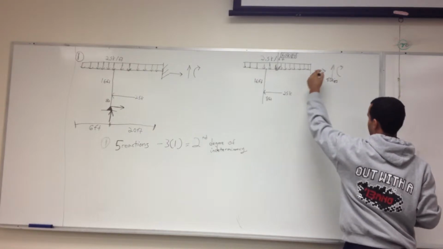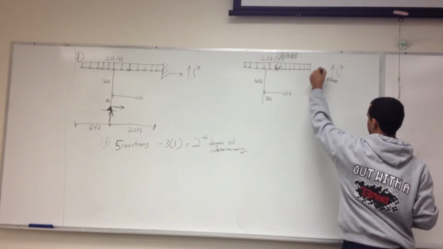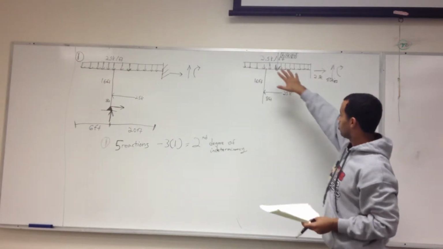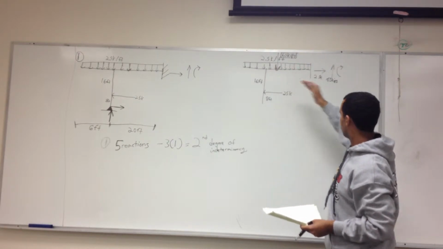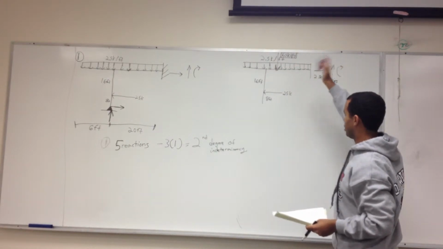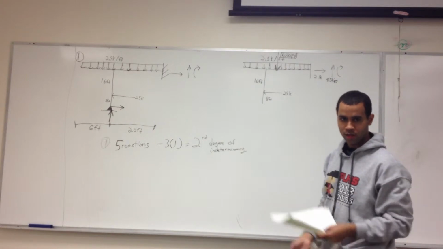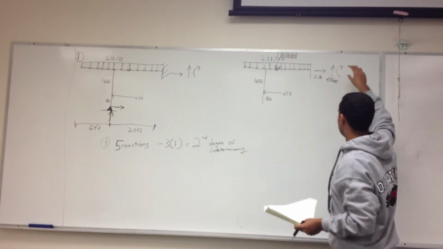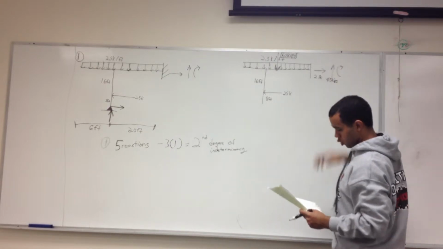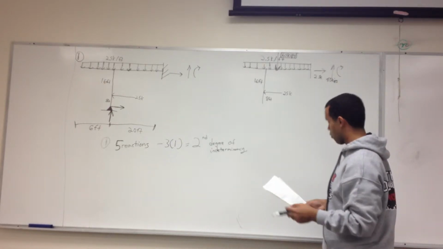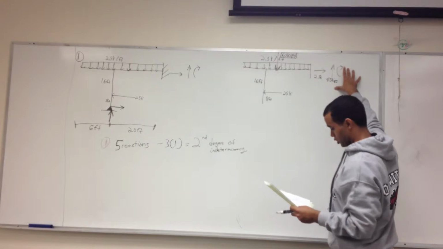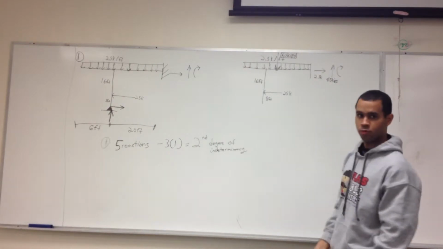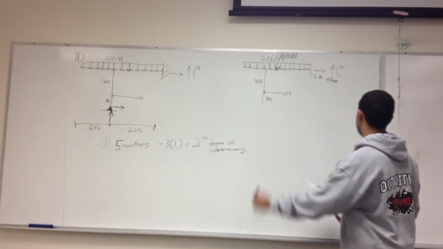So we have positive 25 kips. Now we convert the distributive load into a point load, and we're left with 65 kips acting down, so we need something to counteract that, and that's going to be positive 65 kips. Now, to find the moment at the fix, we calculate the moment about this point at the fix, and we end up getting 445 kips per foot, acting in the negative direction.